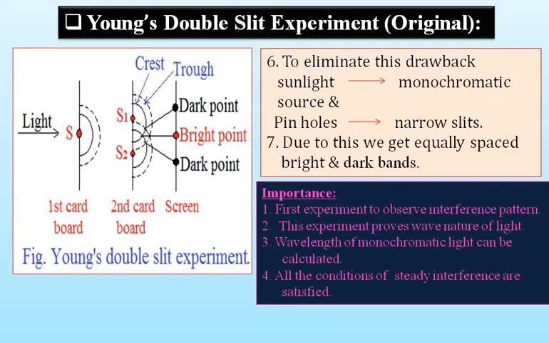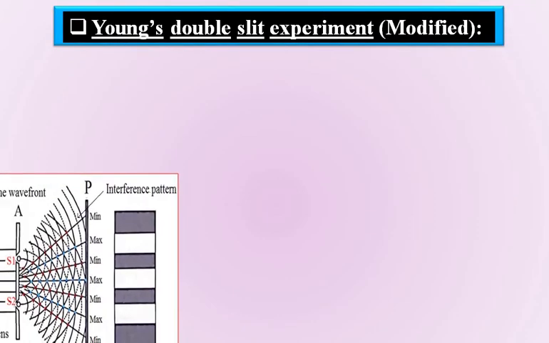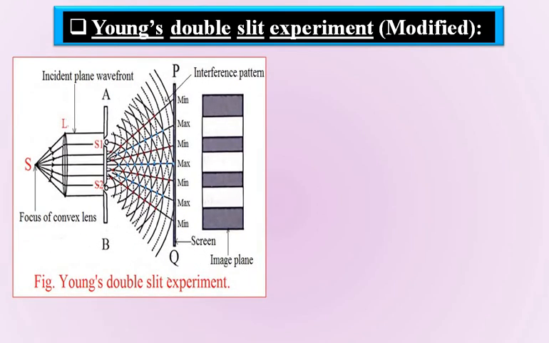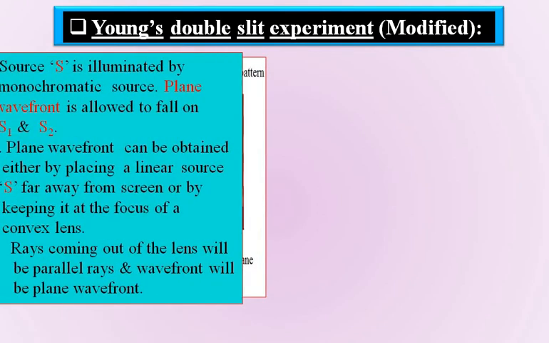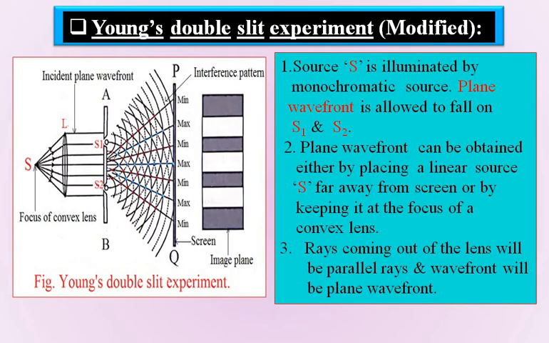Let us see Young's double slit experiment which is modified. What modifications are done in this experiment? Let us see the diagram. Here the source S is illuminated by a monochromatic source, because in the original experiment the sunlight must be replaced by a monochromatic source.